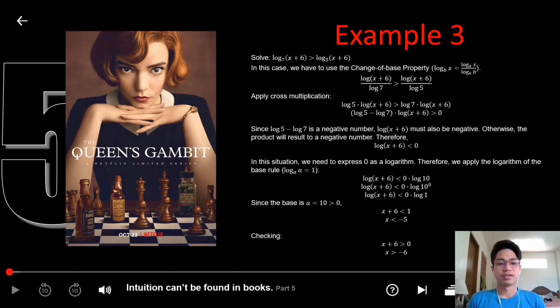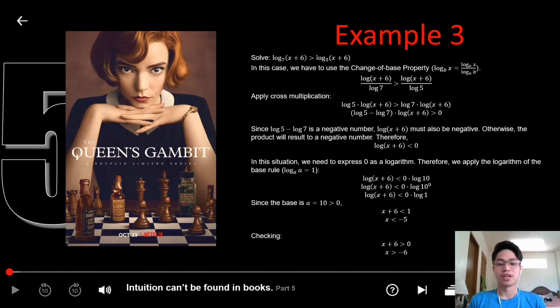Example number 3. Solve the inequality log of (x + 6) base 7 is greater than log of (x + 6) base 5. In this case, we have to use the change of base property, which says that log of x base b is equal to log of x base a divided by log of b base a.